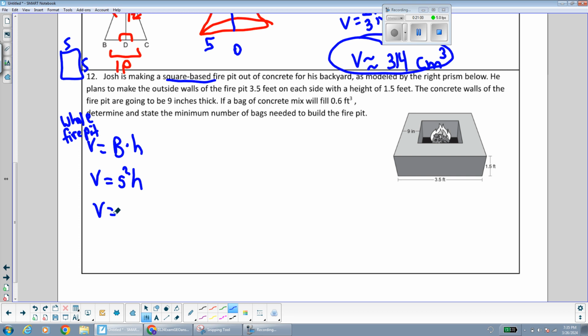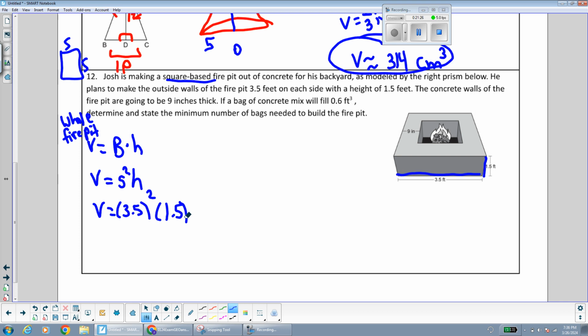So the side of the base is 3.5 feet, and the height is 1.5.